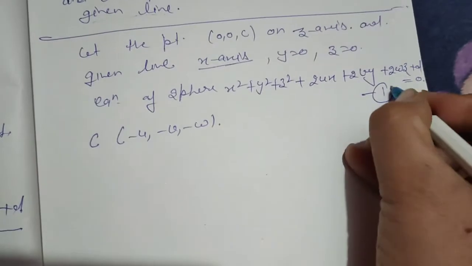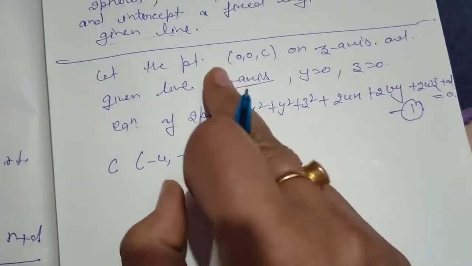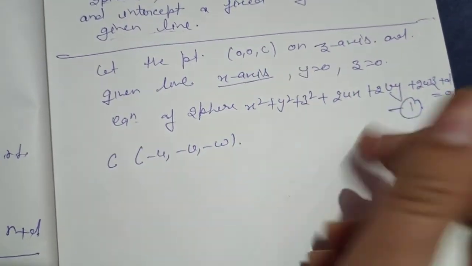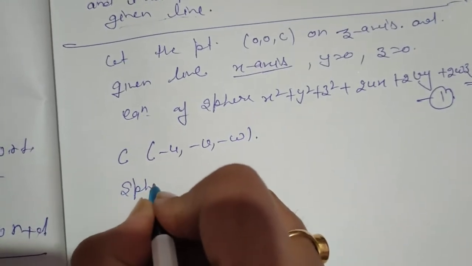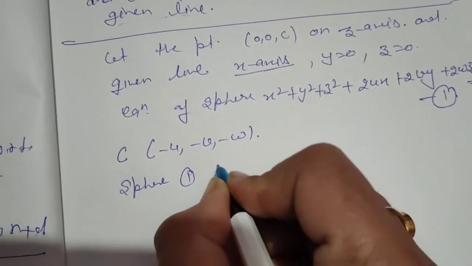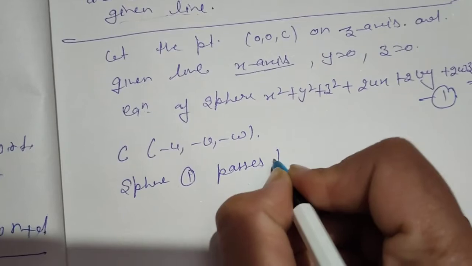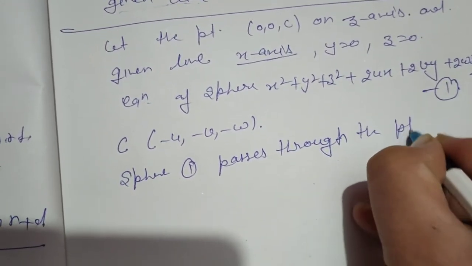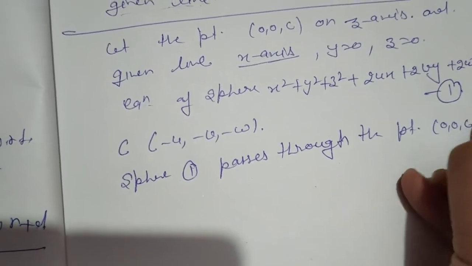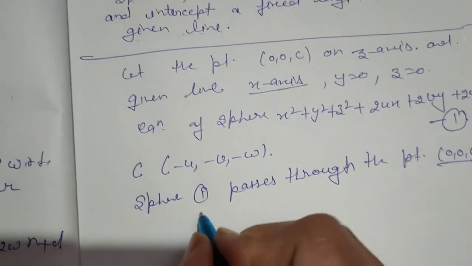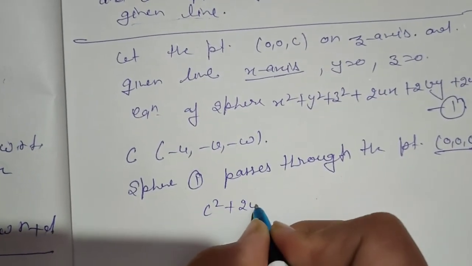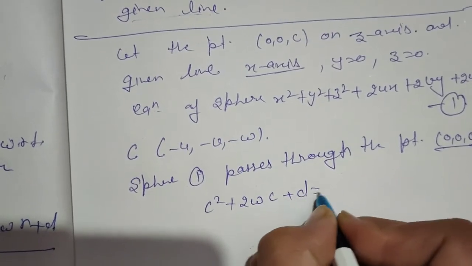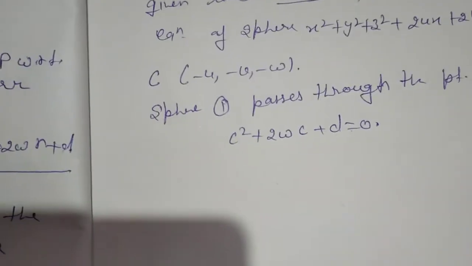And this sphere first passes through the point (0, 0, c). Then the equation becomes c^2 + 2wc + d = 0.